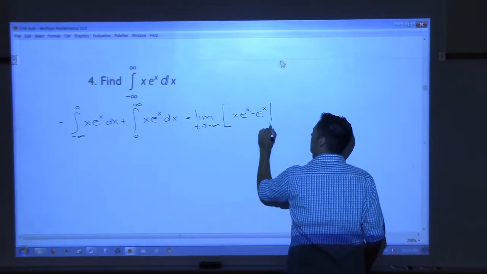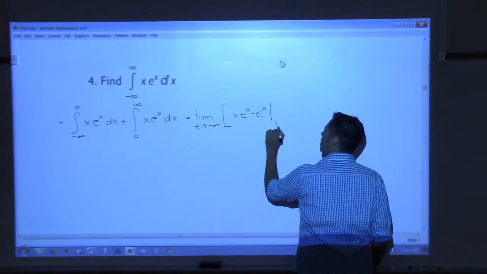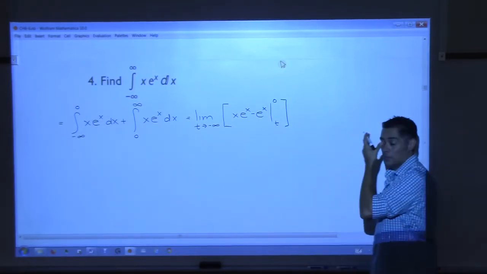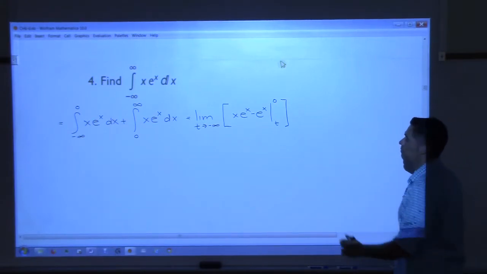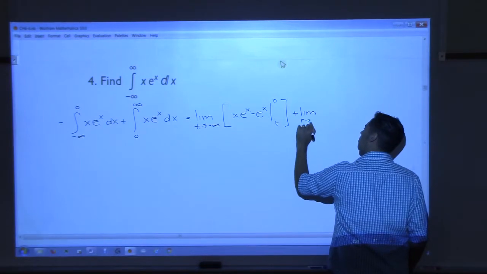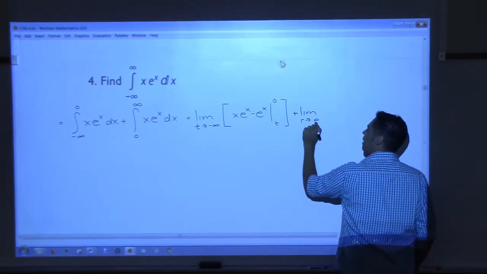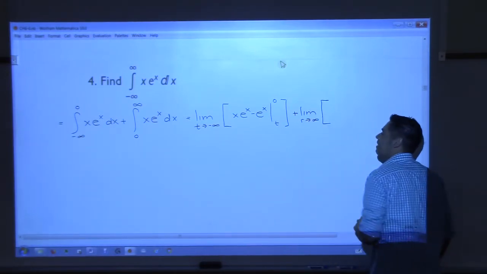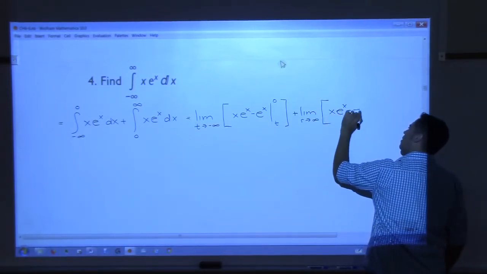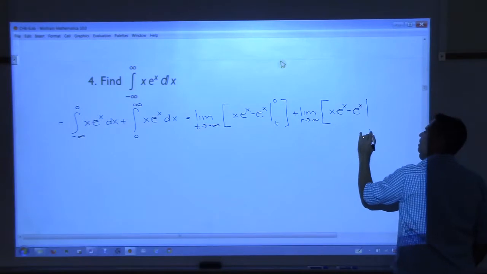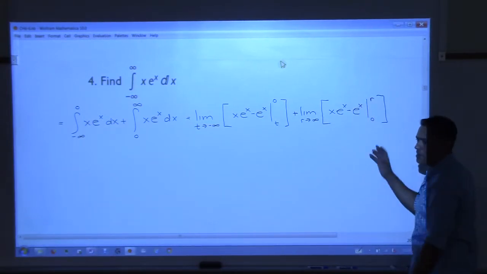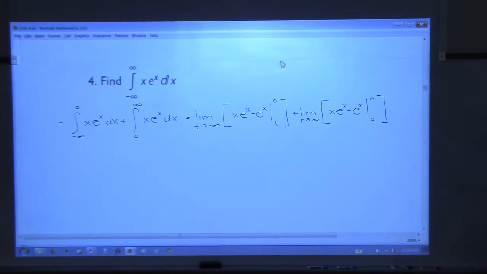And then we're going from t to 0, plus the limit as r goes to infinity of x e to the x minus e to the x, from 0 to r. So that's pretty much the same setup as last time, right?